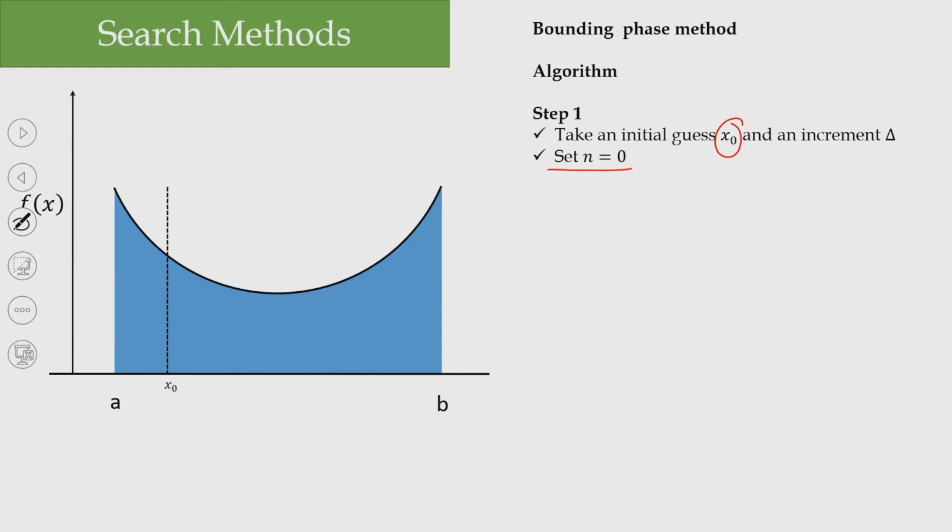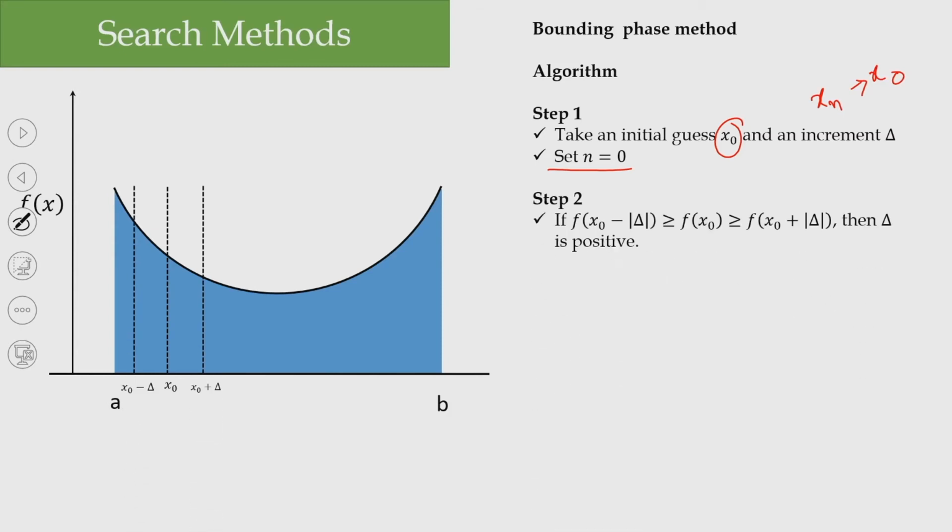Now, set n equal to 0. So, n equal to 0 means I am telling x n, so I am getting x 0. Set n equal to 0 and also set a delta. Delta is the step length, or you can say increment. That is how you are taking the next point.